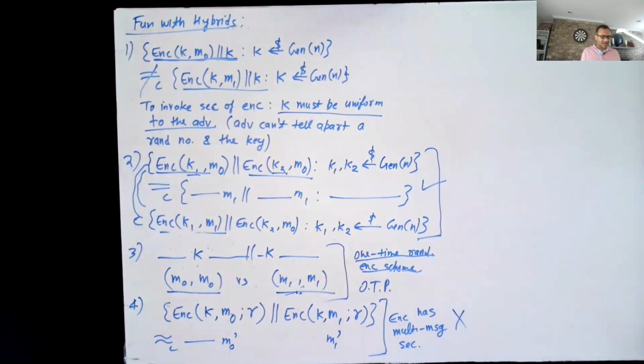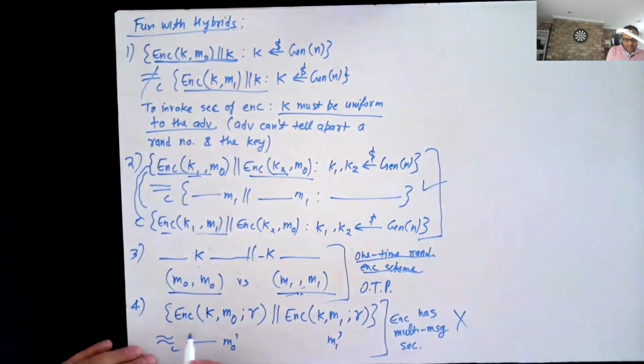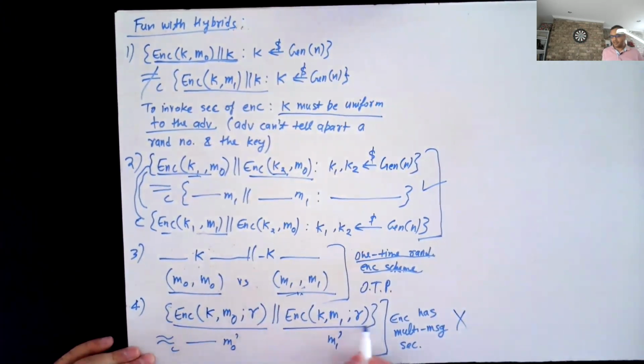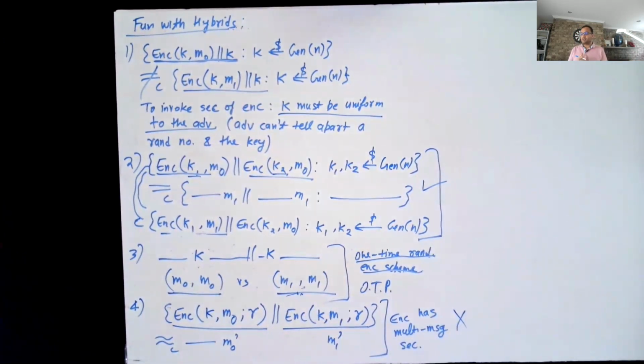And if you are reusing R, then this guarantee goes out of the window. If you are doing any funny business with R so that R may no longer be uniform, then we cannot rely on anything. There's a question: why is R being passed as an argument to encryption? You don't need to pass it. This just denotes that there are two encryption algorithms, and for whatever reason they end up using the same randomness R.